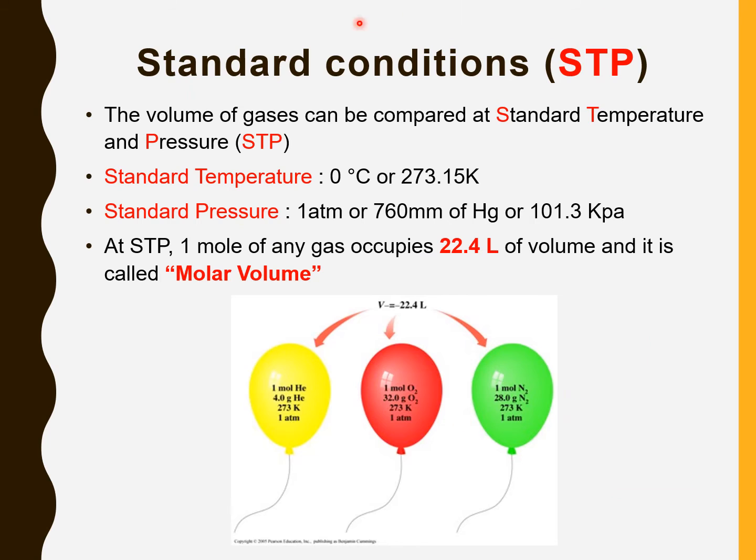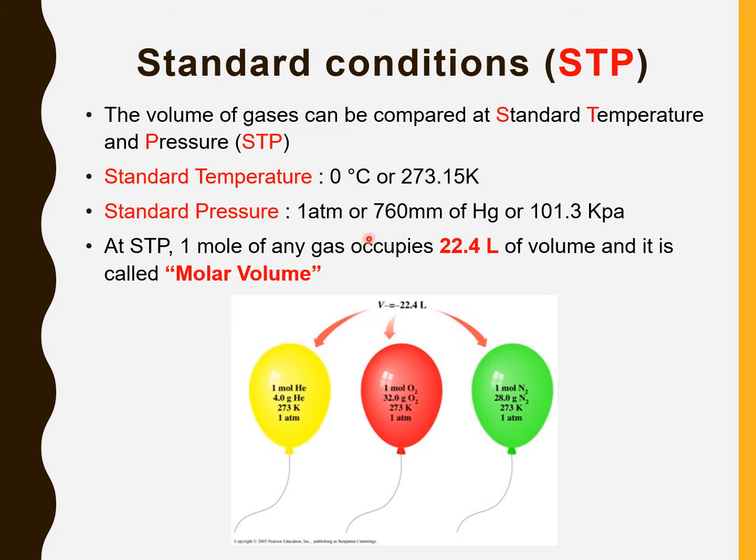Ideal conditions or standard conditions, if you watched my first video, are standard temperature and pressure. The standard temperature is 0 degrees Celsius or 273.15 Kelvin and the standard pressure is 1 atmosphere or 101.3 kilopascals.